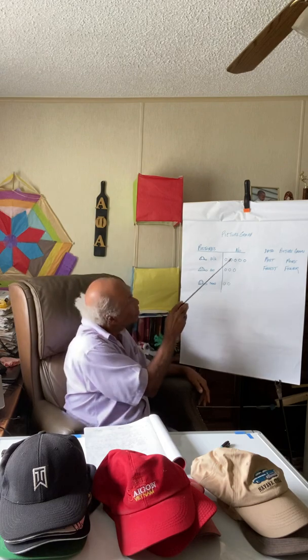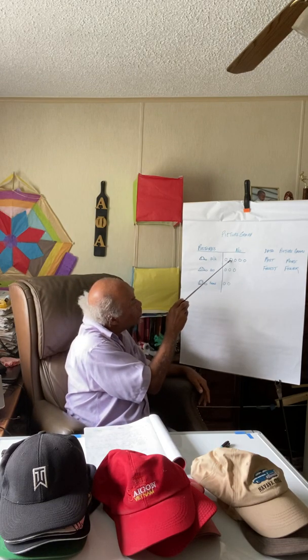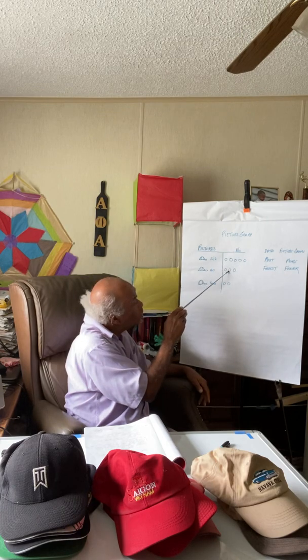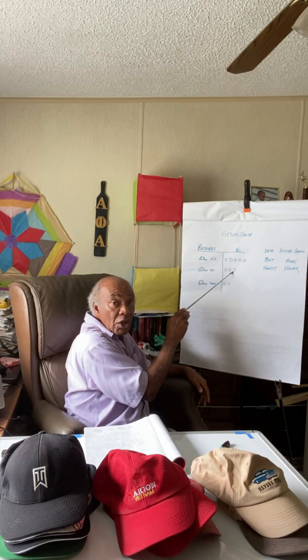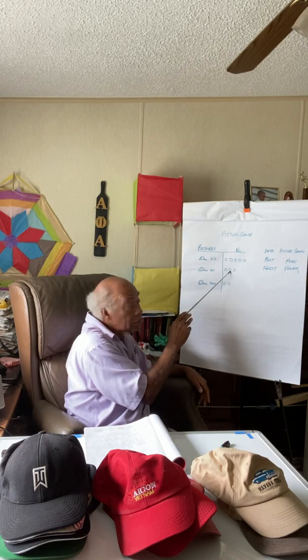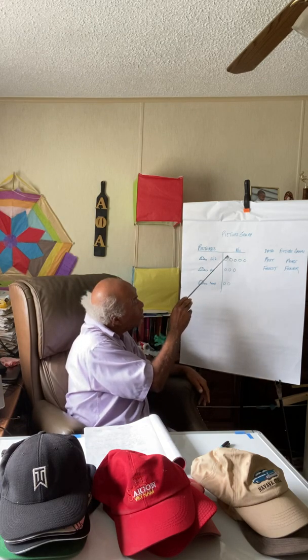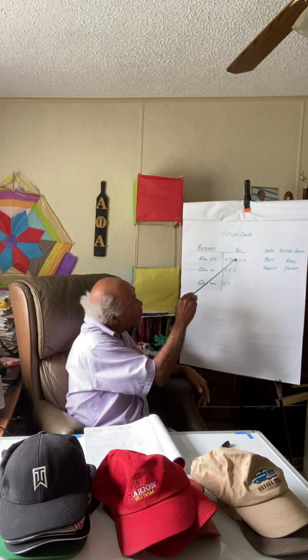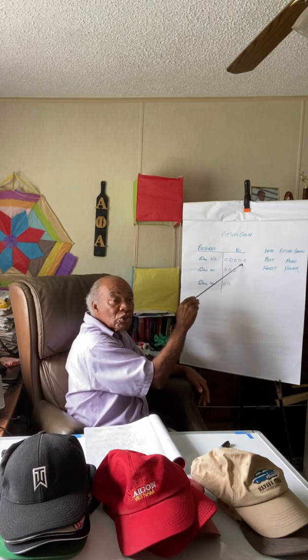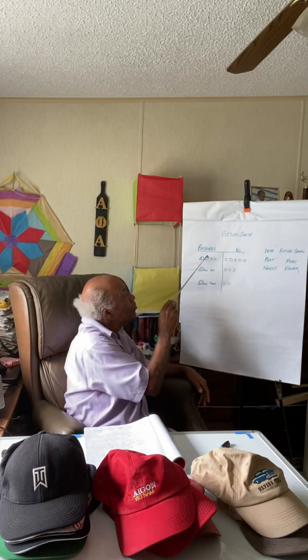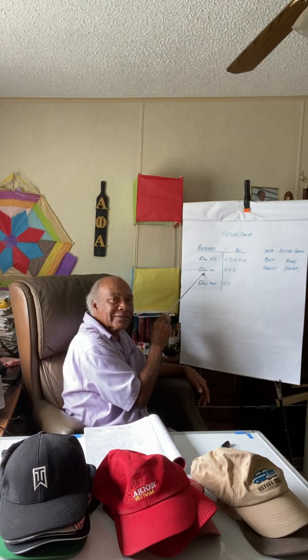Let's look at it. 1, 2, 3, 4, 5 black ones. 1, 2, 3 red ones. So there are at least 2 more here. Right? If you cross off 1, 1, 1, what's left? 2. So there are 2 more black hats than red hats.